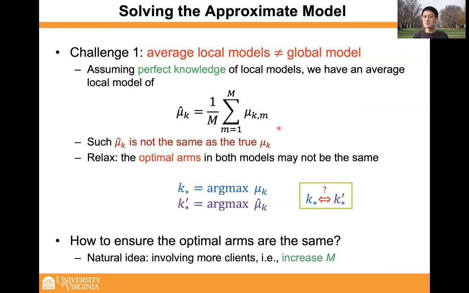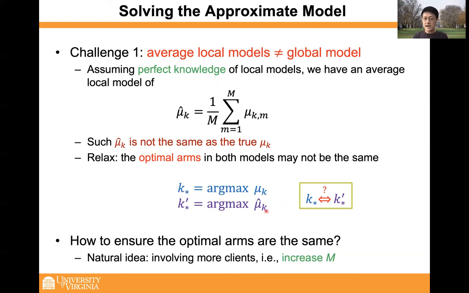It does not necessarily give you the true mean, okay? In fact, the more difficult part is that the optimal arms in both models may not even be the same, let alone that their values are not the same. Since mu_k hat is not necessarily the same as mu_k, obviously for the ground truth, the best channel, let's say, is k star.